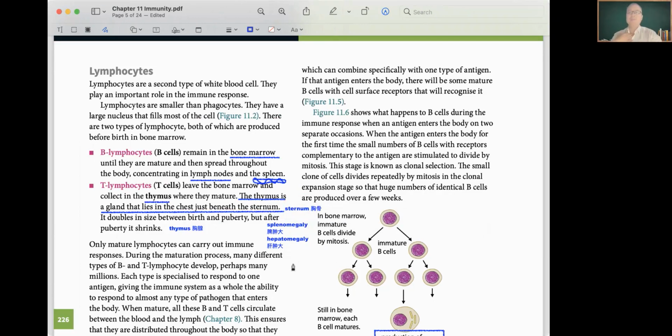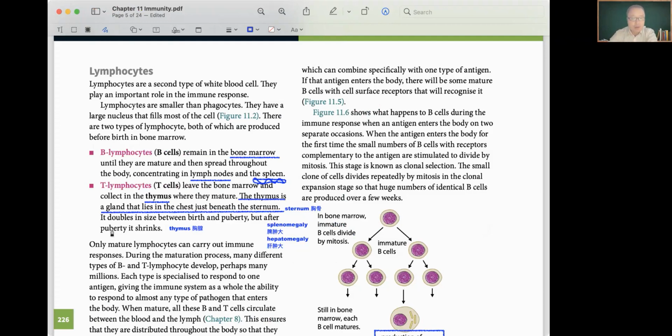For example, look at me: this is my chest, and this is the sternum. I'm sure you can press that. Our thymus is just beneath the sternum, but because we are adults, the thymus will not be active anymore.